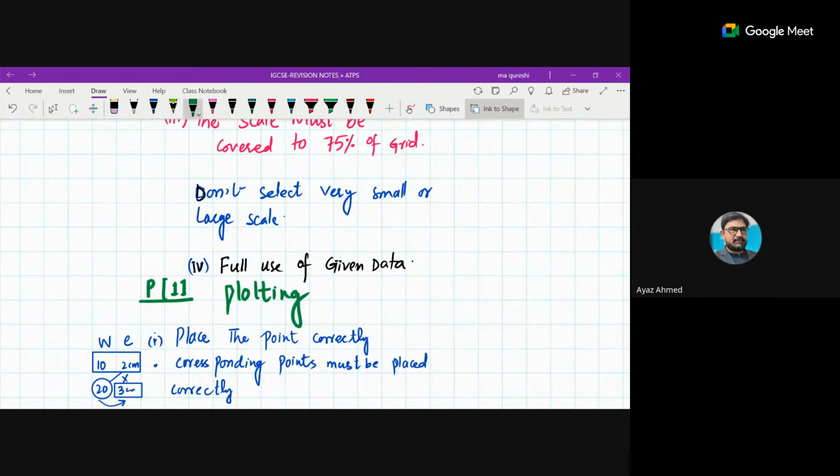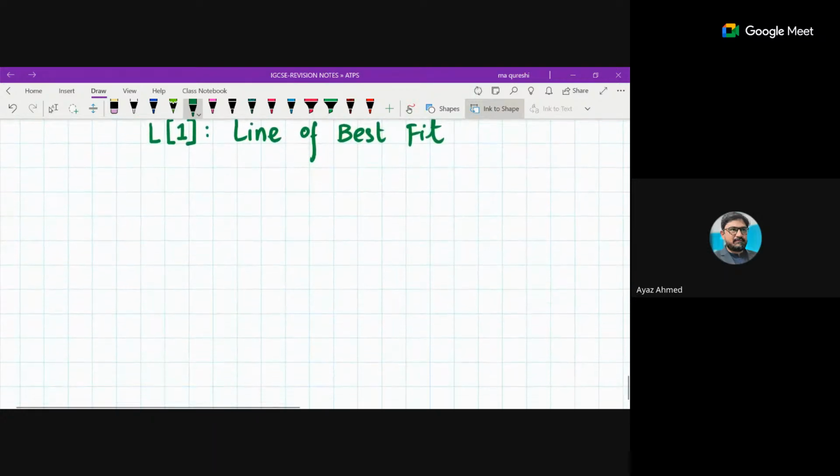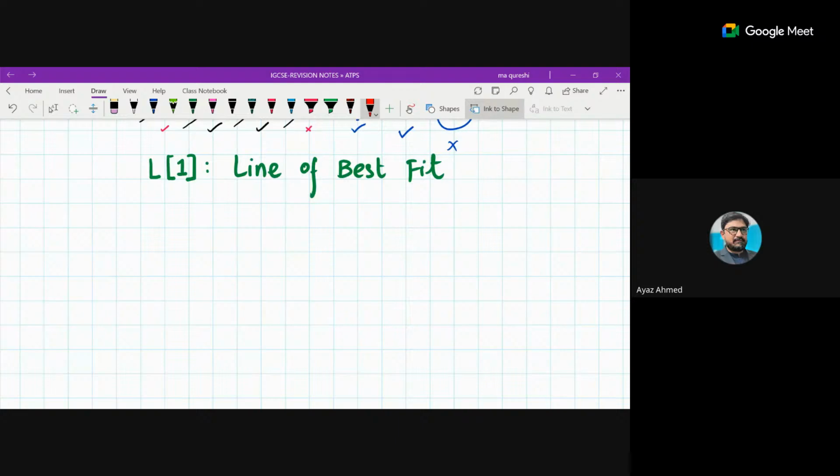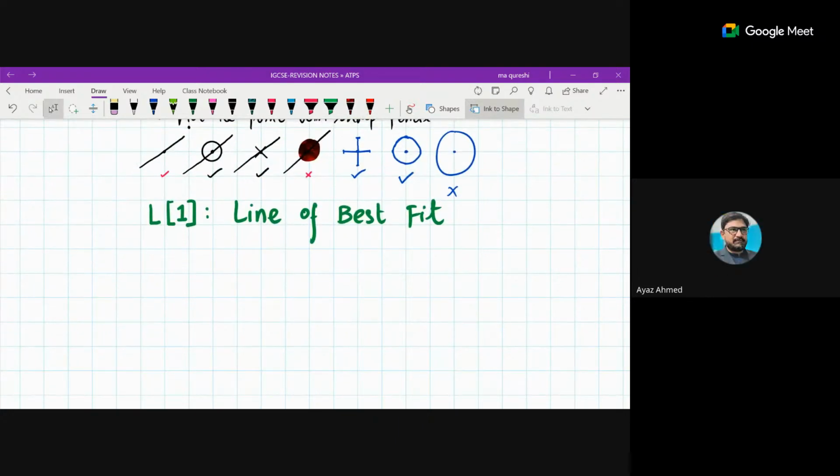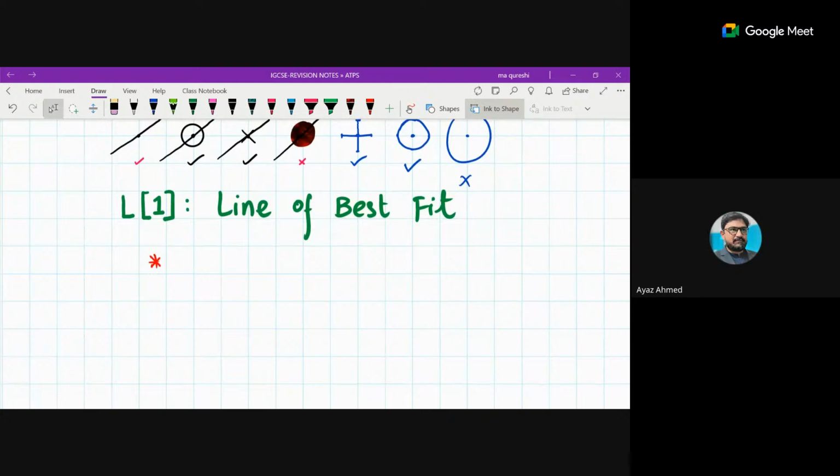Can anybody tell me? इसमें जो Line of, पॉइंट्स है वो इक्वली डिस्ट्रीब्यूट होते हैं. Yes, line of best fit is basically the line across which the points are equally distributed, right?